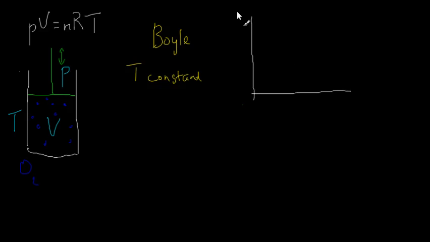Maybe I'll put P there and V up there. What he found as he plotted his points was a graph that looked like this. It was a curve.